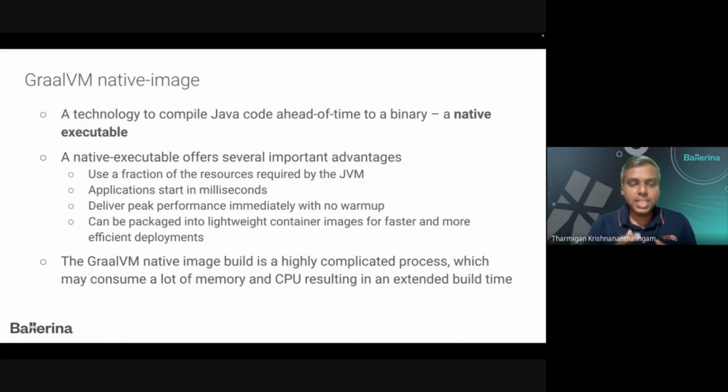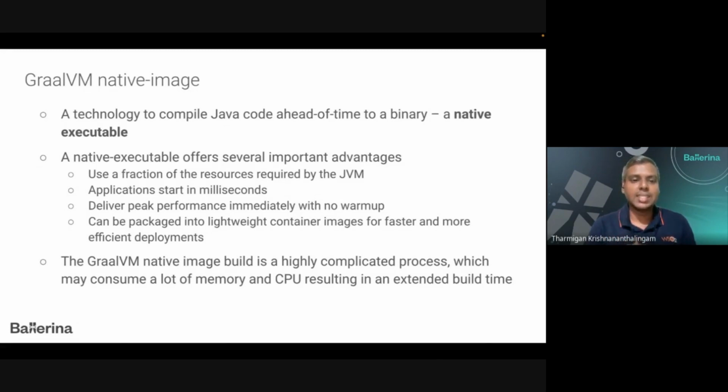When we build a native executable, it does a static analysis to analyze the code and find all the reachable code, and uses that fraction of resources to create the native executable. Due to this, it can be packed into lightweight containers for faster and more efficient deployment.